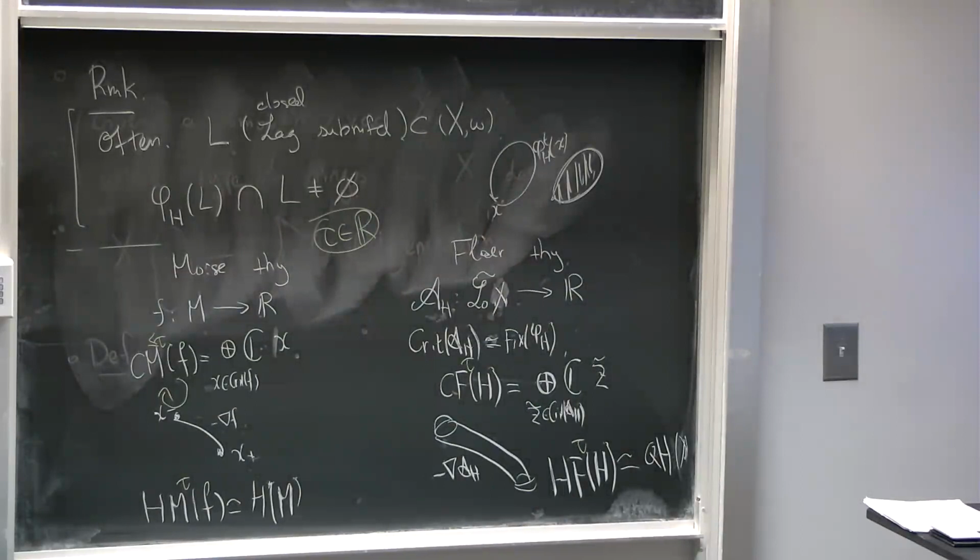So it's the height where you start seeing the class A. A bit more precisely, as I said, there's this filtered Morse homology.